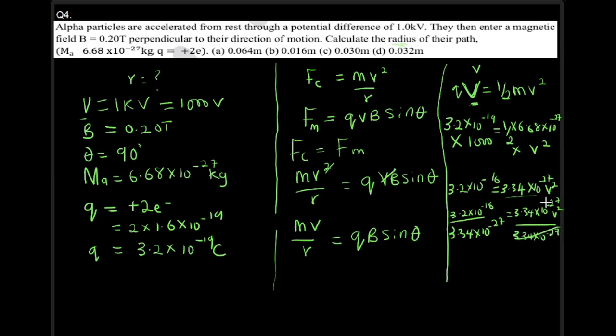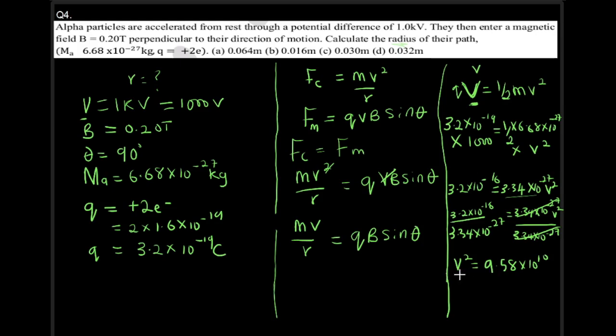So the whole of this will cancel this. Then we'll be left with v squared equals 9.58 times 10 raised to the power 10.